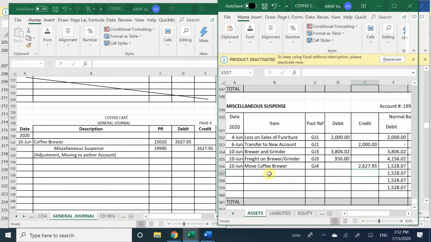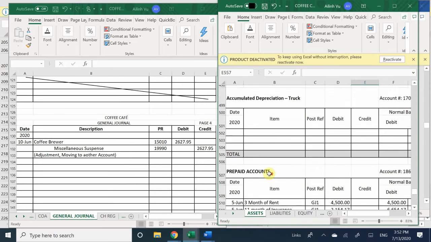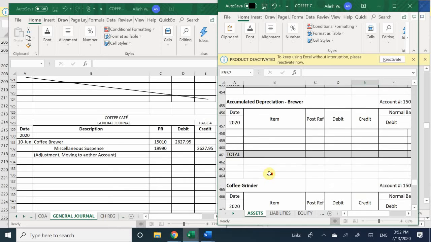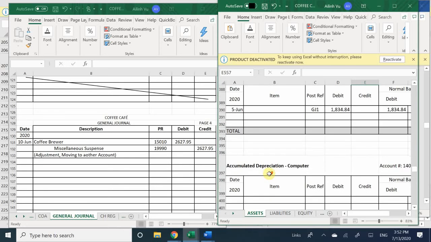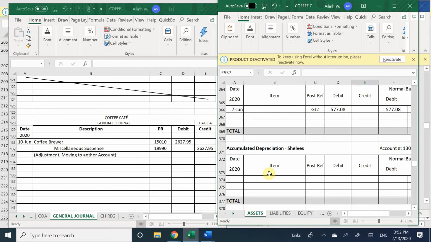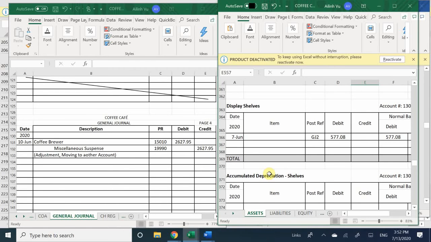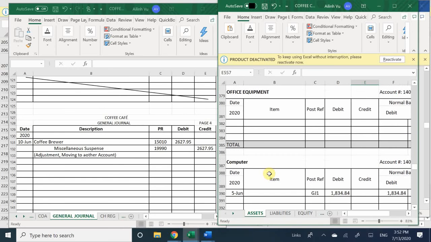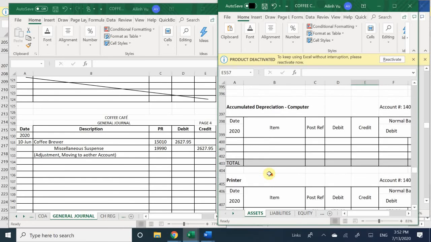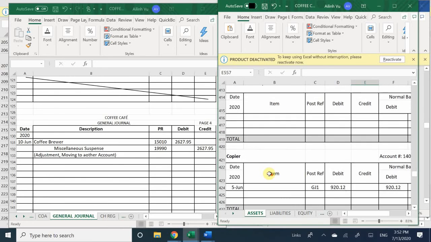To the coffee brewer. So if we go to coffee brewer, which was what page was it on again, you guys? 13? No, I thought it was 16. 16 should be miscellaneous suspense. Coffee Brewer is the bottom of 13.